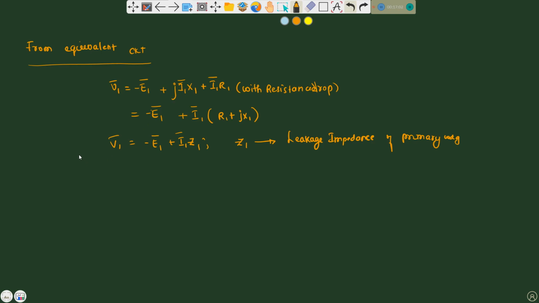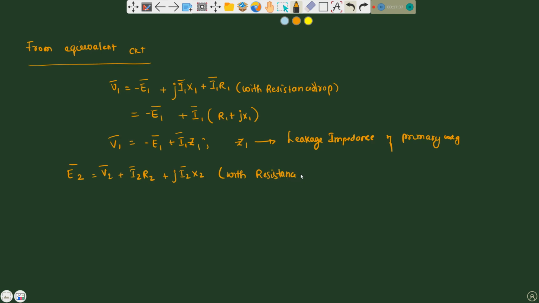If you consider the secondary side, the E2 vector equals V2 plus I2 R2, considering the resistance drop in the secondary winding as well, plus j times I2 X2. What is this I2 X2? This is the inductive reactance drop at the secondary side. Here also we are considering the resistance drop.